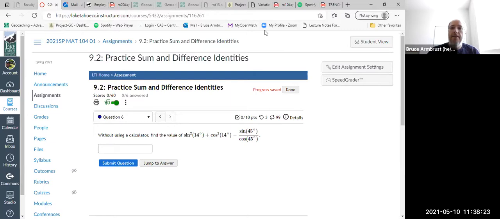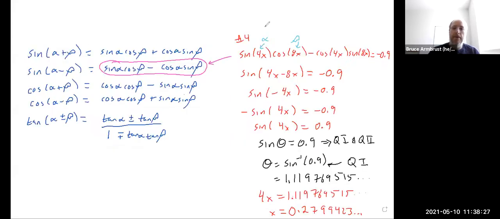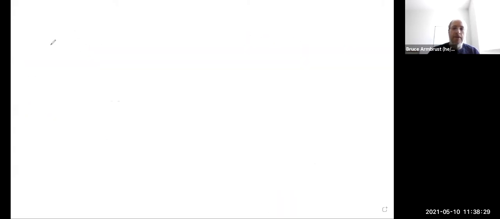Instead, let's use our identities to simplify this. Okay, so let me just clear this real quick. So we had sine squared of 14, not 114, 14 degrees plus cosine squared of 14 degrees minus sine of 45 over cosine of 45.